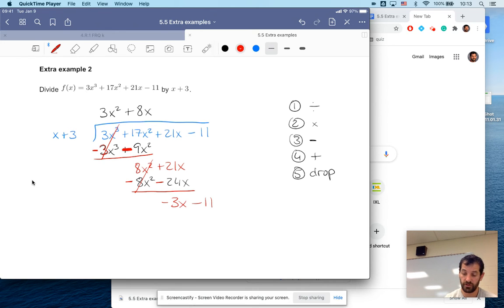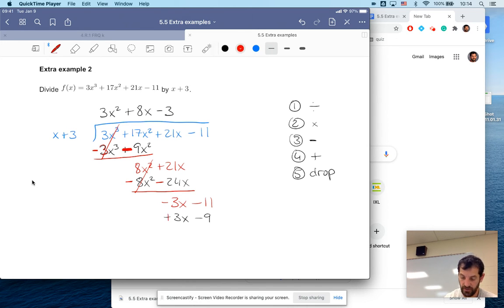And then we have to do this whole process once more. So how many times does x go into negative 3x? Well, negative 3 times. We multiply this negative 3 times that polynomial. So that is going to be negative 3x minus 9.